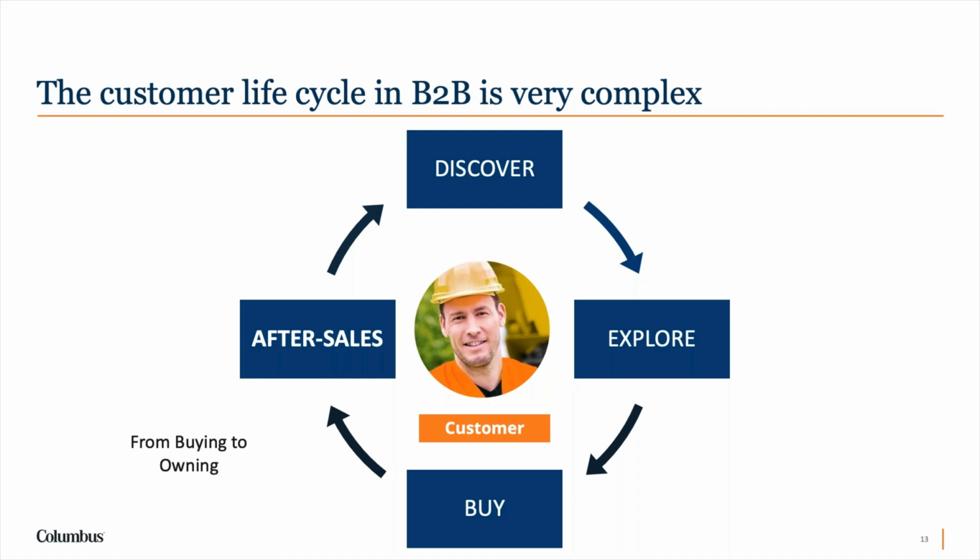Discover, when I know more about the product and I know more about the possible brands and features that are available. Explore is when I'm trying to explore the right solution. Buy is the process between when I choose the solution to when I actually purchase it. And then there is a big part to this, after sales, what happens afterward.